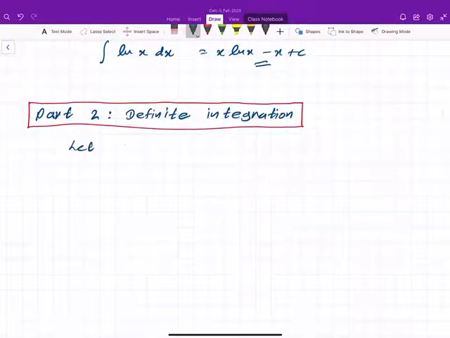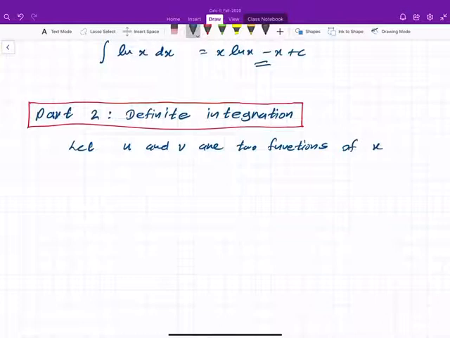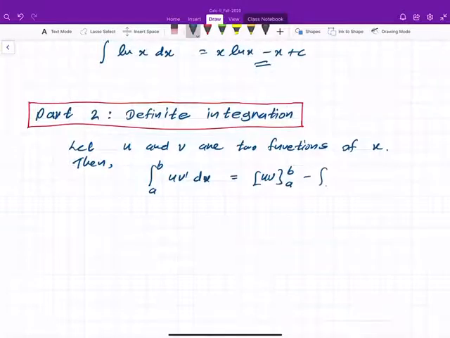Let u and v be two functions of x, then integration from a to b u v prime dx equals uv from a to b, minus integration from a to b u prime v dx.